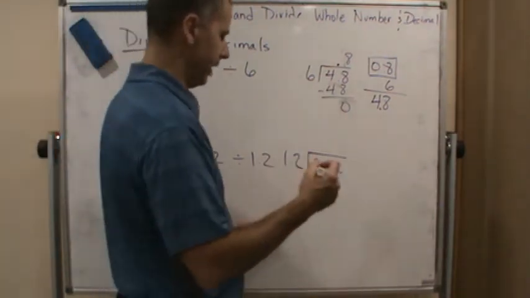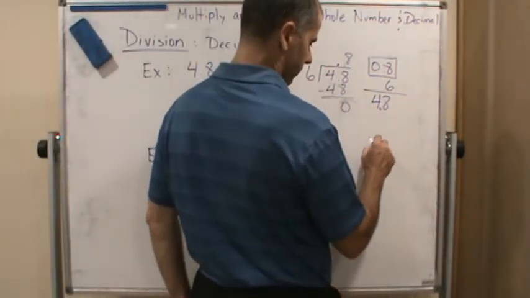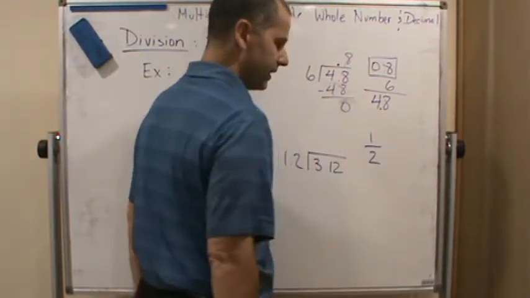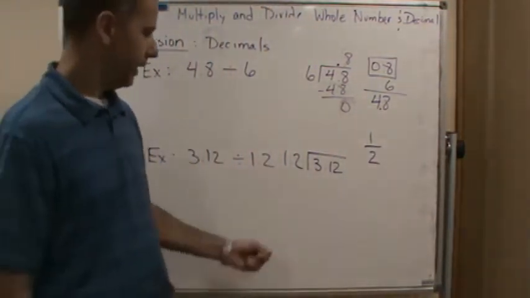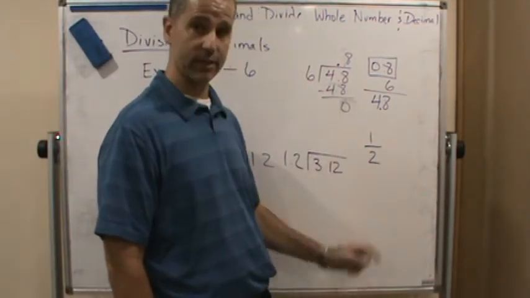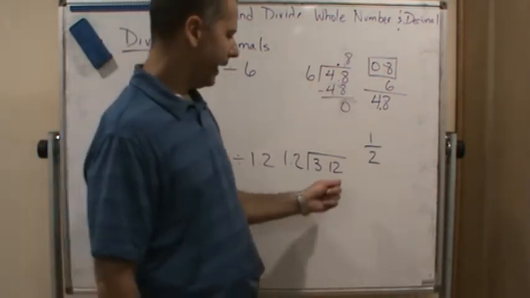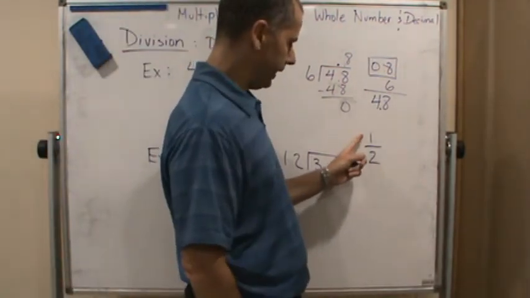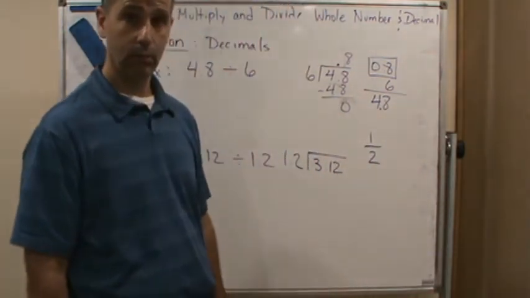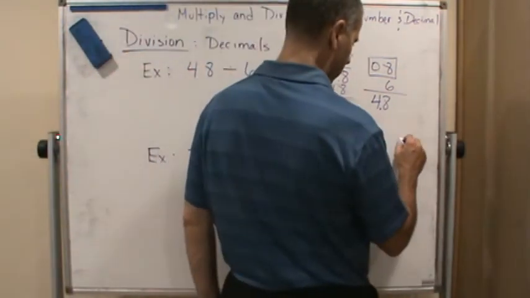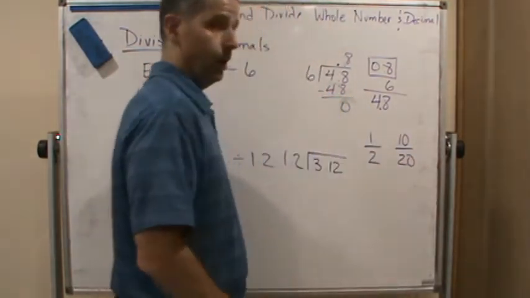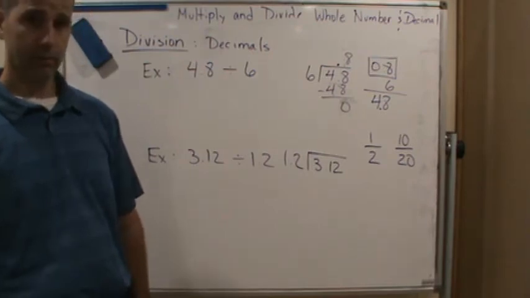Well, think about this. Let's take that kind of division. This is 1 divided by 2, 1/2. Remember, the slash mark means division. So what happens if I multiply the top and the bottom by 10? I get that.